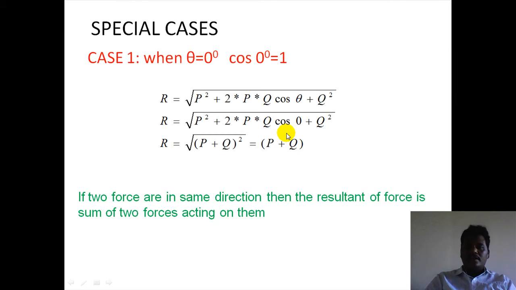What is P squared plus Q squared plus 2PQ cos theta? R is equal to the square root of (P plus Q) whole squared. Exactly, correct.